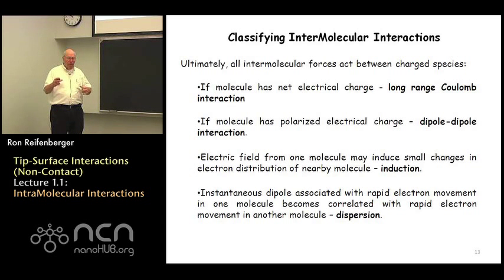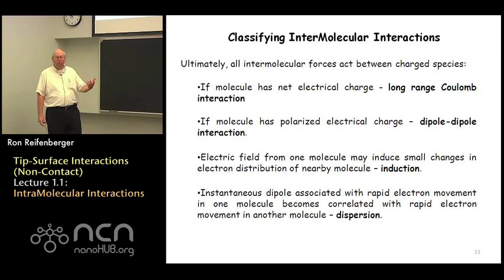You can have the Coulomb interactions between point charges. These would correspond to ion-ion interactions. You can have atoms or molecules that have permanent dipoles associated with them. These would then give rise to dipole-dipole interactions.